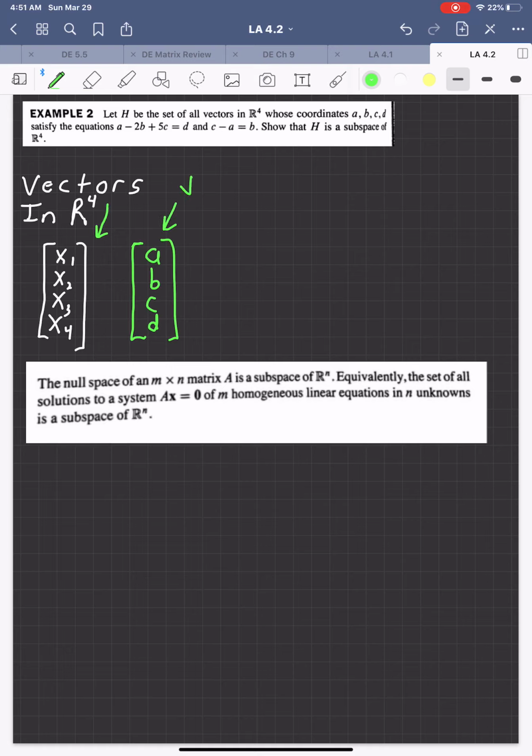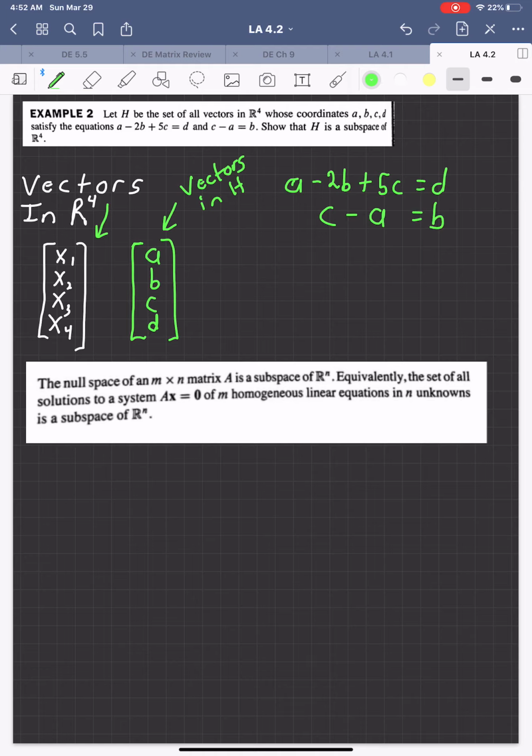These are going to be vectors in H. But in order to be in H, they must satisfy the 2 equations written, which was, let me write them: A minus 2b plus 5c is equal to d, and c minus a is equal to b.